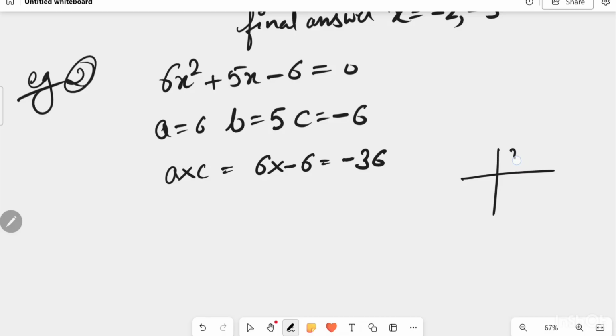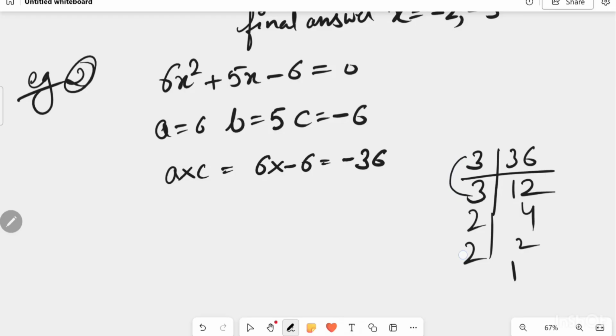We will do factors of 36, that is 3 times 3, 2 times 2. We will arrange these factors in such a way that the product is 36 and their sum is 5. So we will make pairs here.